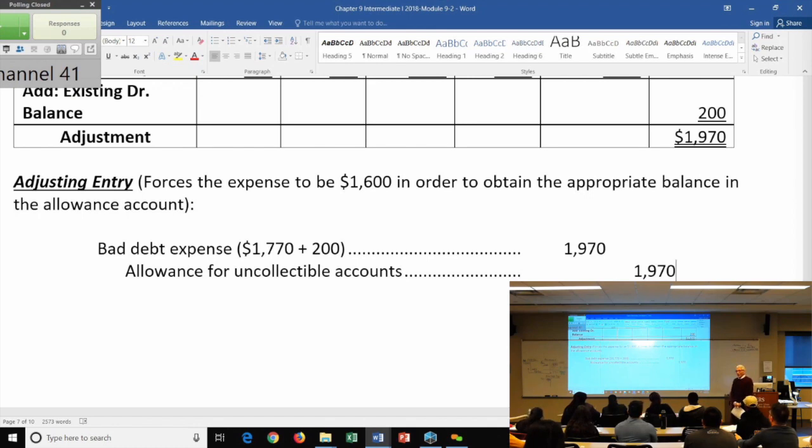It stays at 1770. What happens to the net realizable value? It stays at 8230. So to achieve the allowance at the level you want, the direct balance sheet focus, you force or indirectly affect the income statement. And that's what it is.